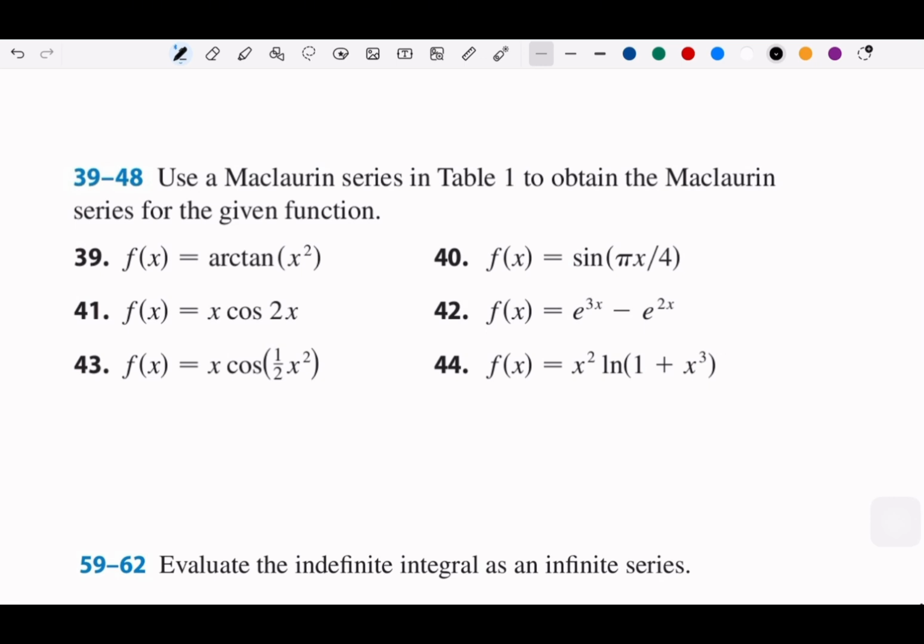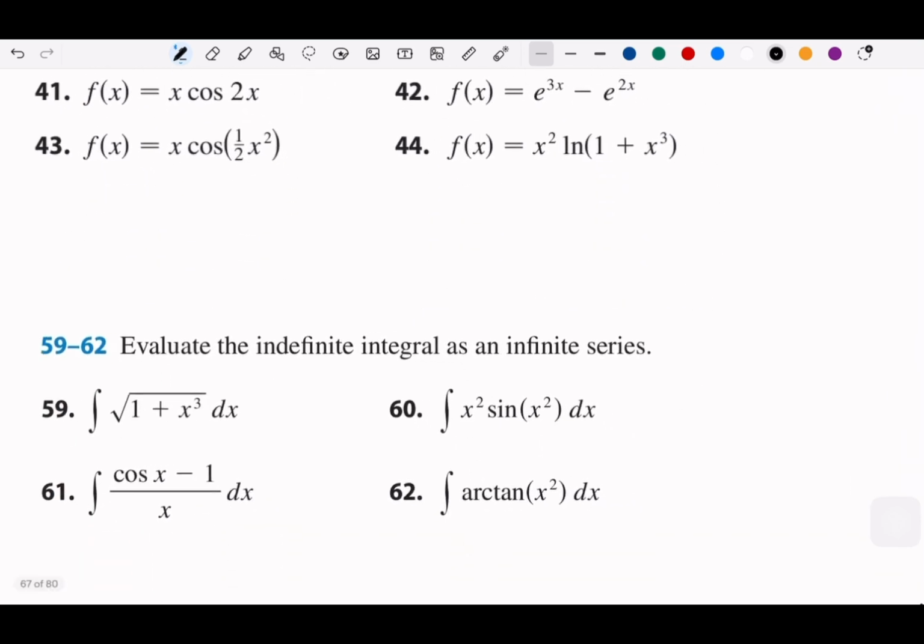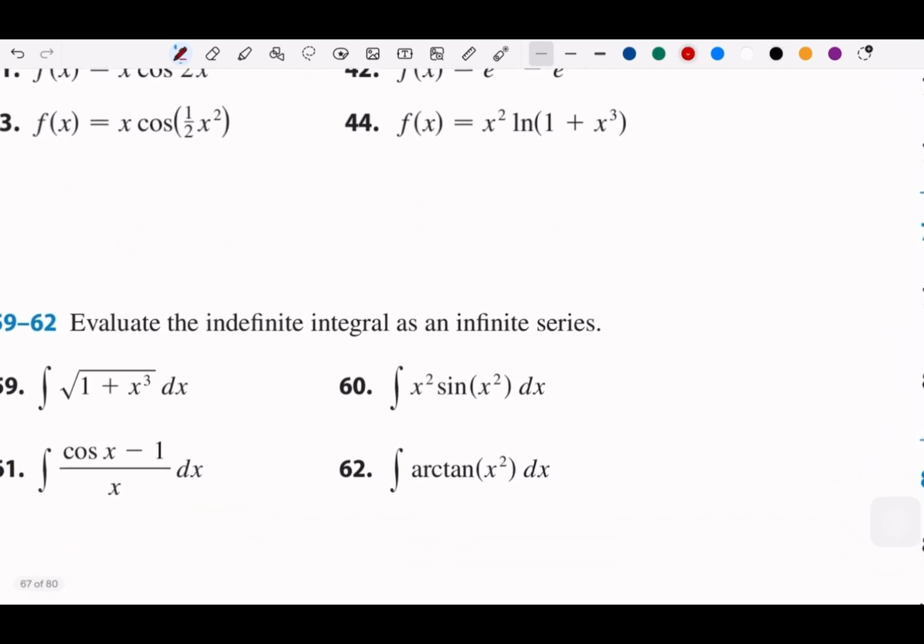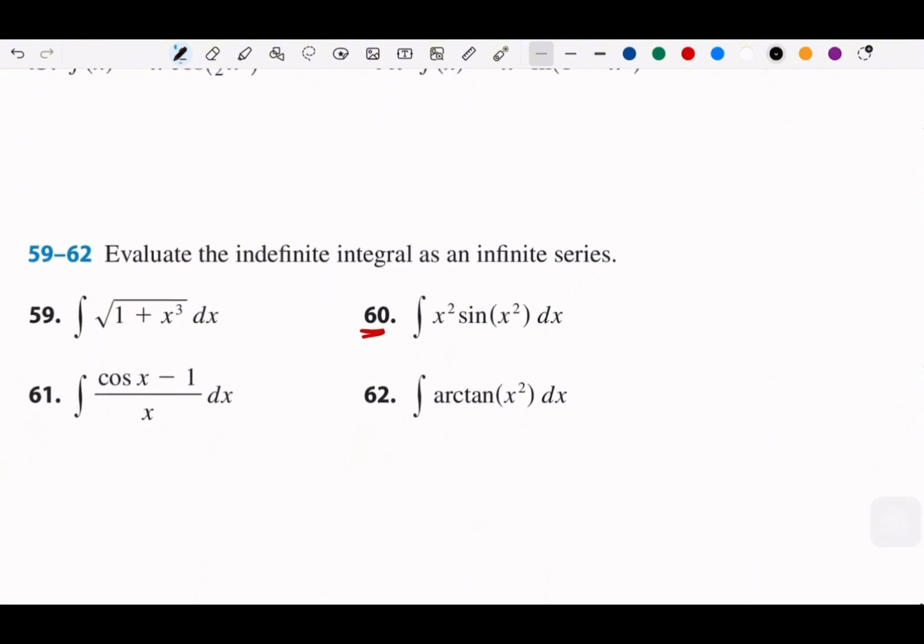Okay. But what I would like to emphasize maybe, we start from 60. We have integrations of the x squared sine of x squared.